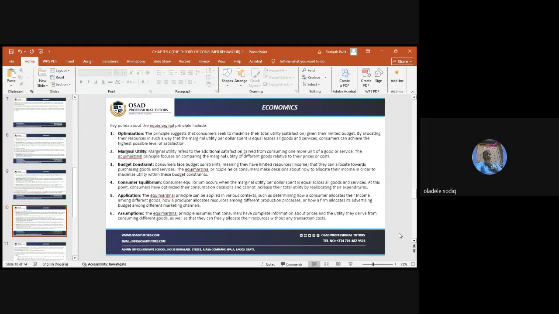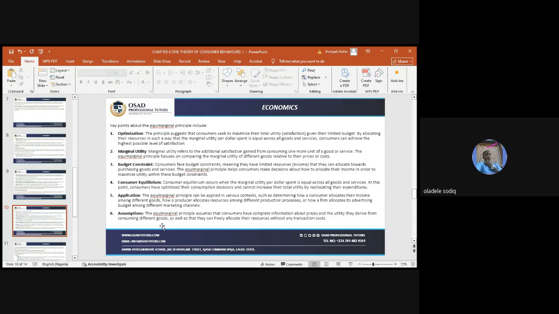We also have application. The equimarginal principle can be applied in various contexts, such as determining how a consumer allocates their income among different goods, how a producer allocates resources among different production processes, or how a firm allocates its advertising budget among different marketing channels.